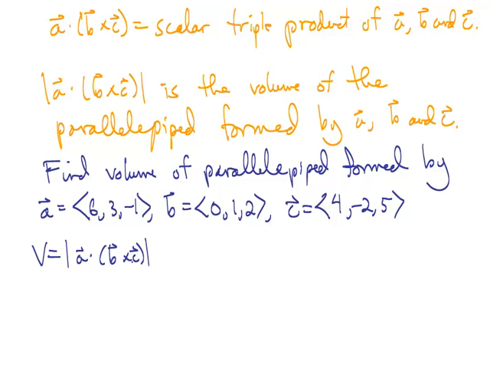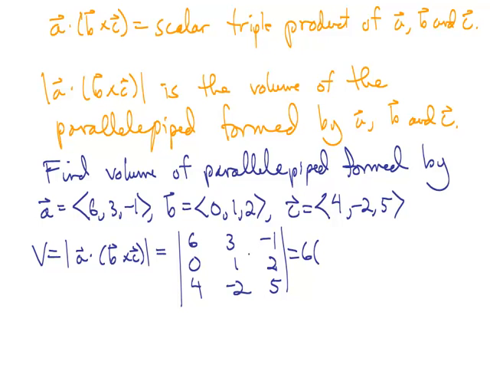Now, you can take the cross product here and then take the dot product when you're done, but there's a shortcut here. Instead of doing i, j, and k and doing the cross product first, I'm going to put the components of A in my first row, the components of B in my second row, and the components of C in my third row. And then I will just take the determinant of this matrix the way we did before.